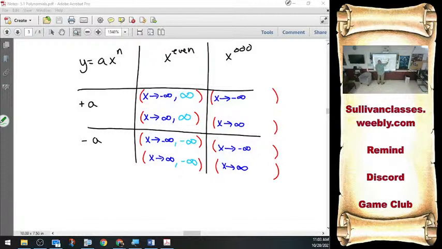If it's a positive odd, it starts negative, ends positive. If it's a negative odd, it starts positive, ends negative.